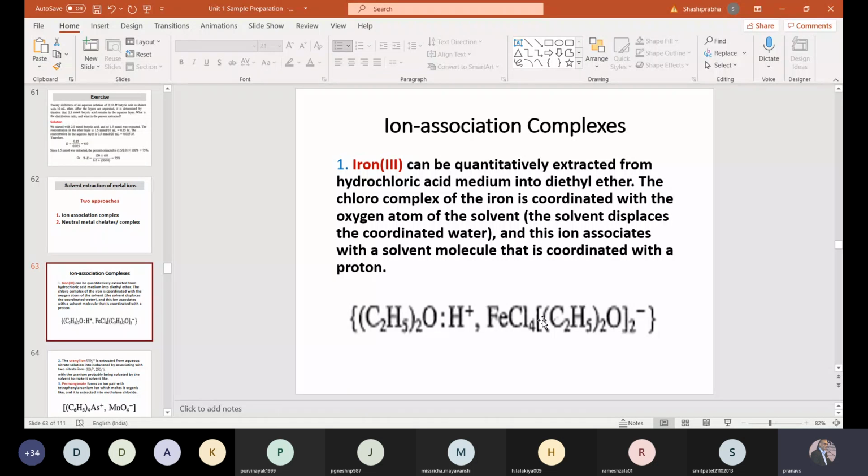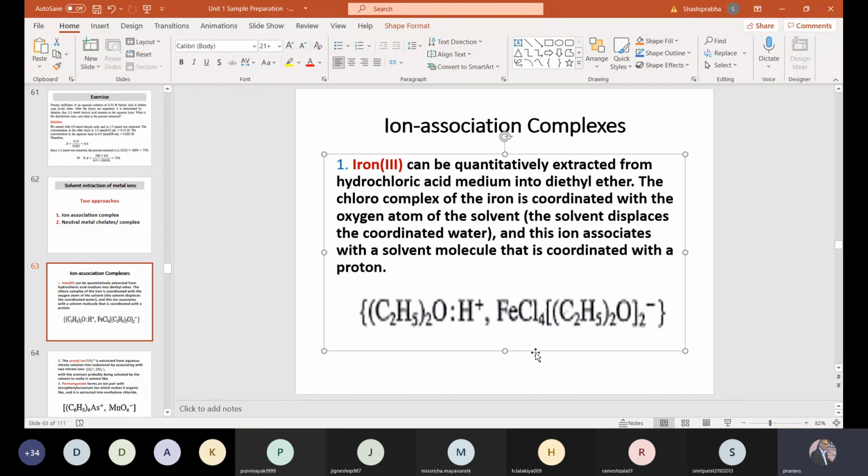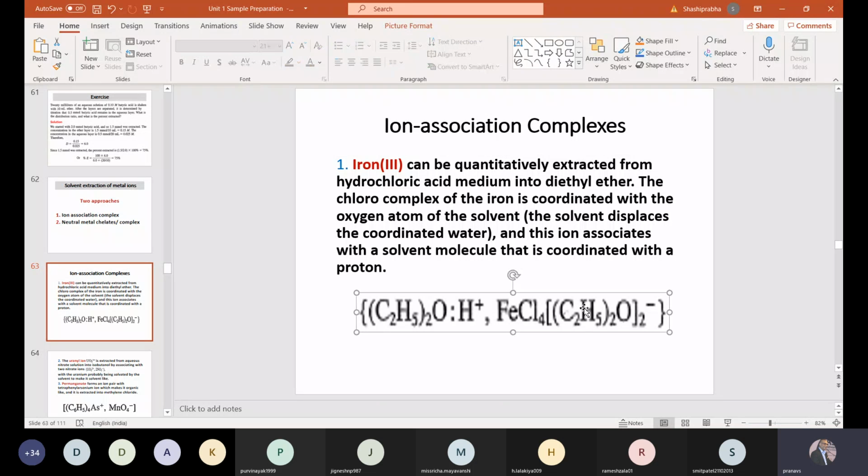This positive species associates with this negative species and gives rise to a very bulky, organic kind of species, with the negative charge closely associated with the positive charge, so that these two species stay together and are more organic like rather than inorganic like.